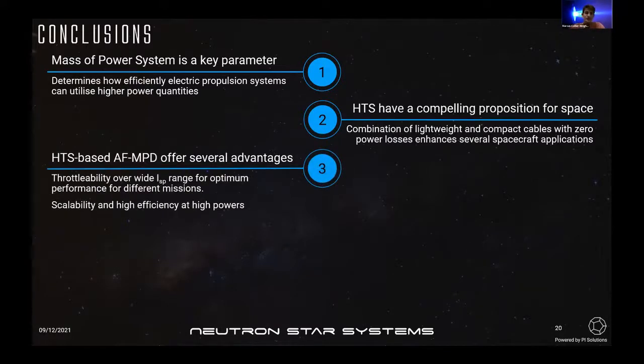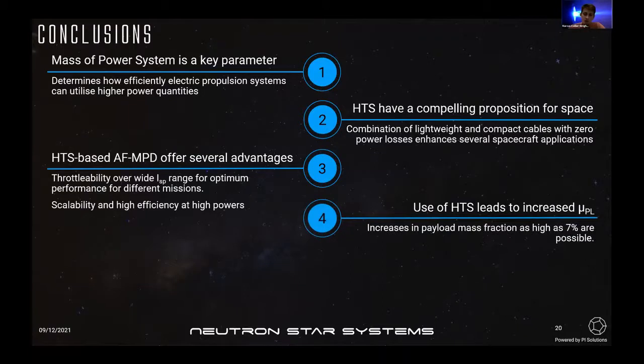In particular, using them for applied field MPD thrusters has a lot of advantages because it enables them to be flown in a very compact and lightweight form, whilst also offering alternative propellants, high efficiency, and throttleable operation. And in fact, with using superconductors throughout the spacecraft, not just for the propulsion system, but also for radiation shielding or for power management and distribution systems, we can significantly increase the amount of payload mass fraction that is deliverable.